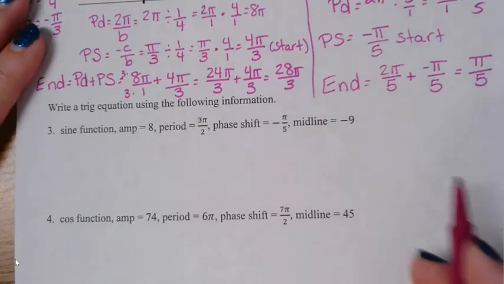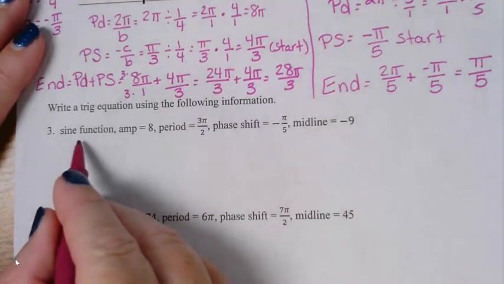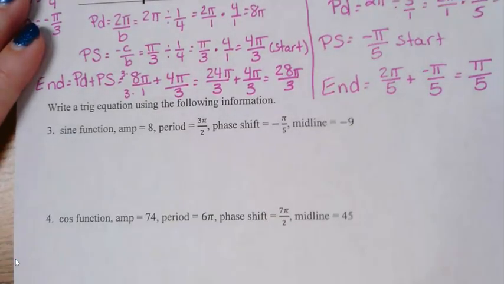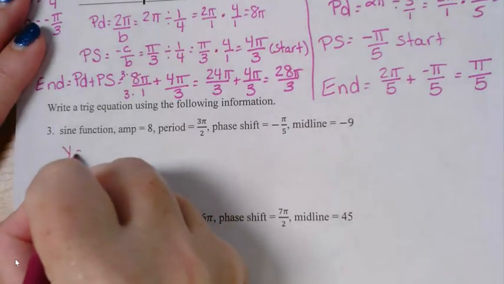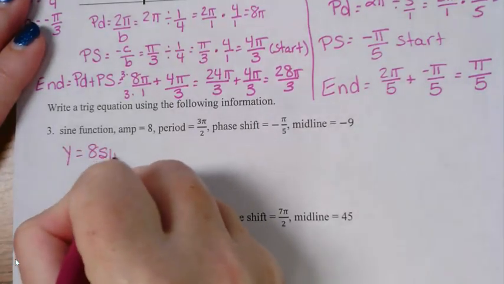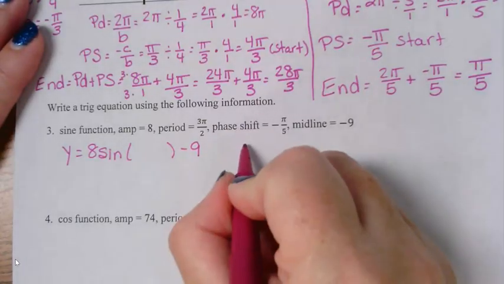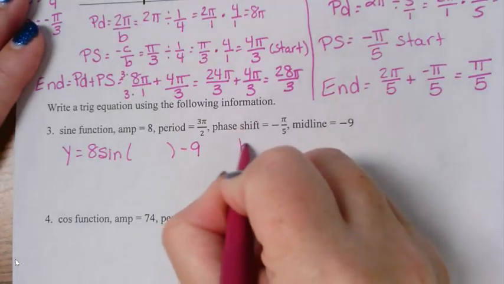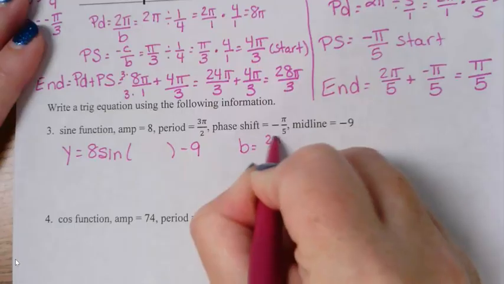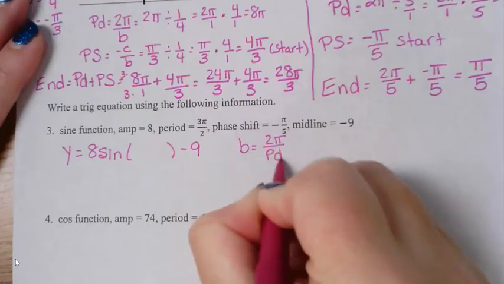Okay, here we go. So it's a sine. It says sine. Let's go ahead and start this problem. Y equals 8 sine of some stuff minus 9. Remember to calculate b, 2 pi divided by period.